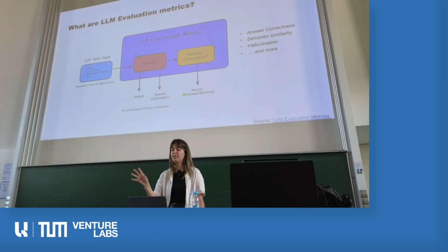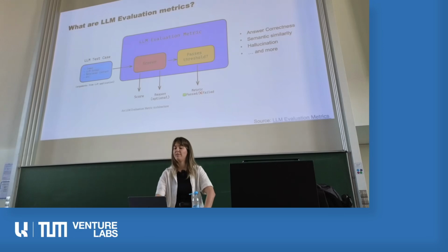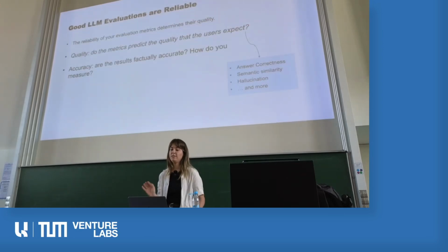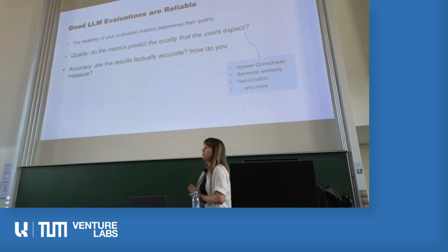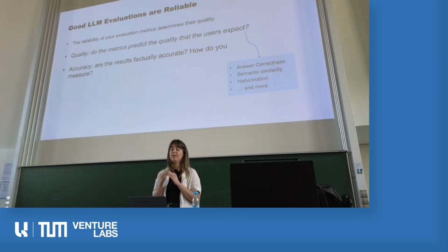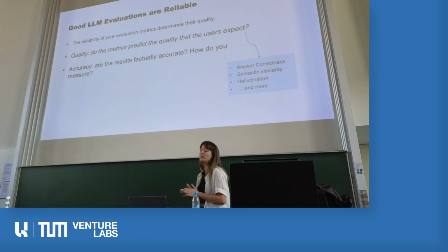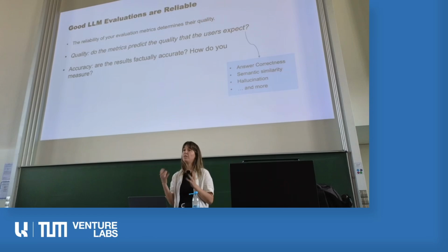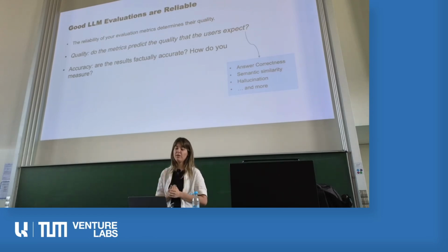So this encapsulates the basics of what an LLM evaluation metric is. The important part I wanted to emphasize is that good LLM evaluations are reliable. When it comes to metrics, you want your evaluation pipelines to be reliable. That's the main takeaway.